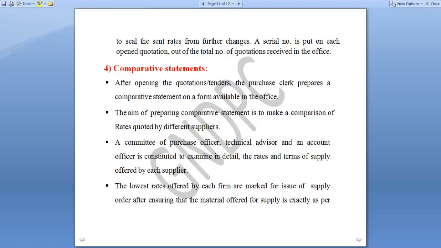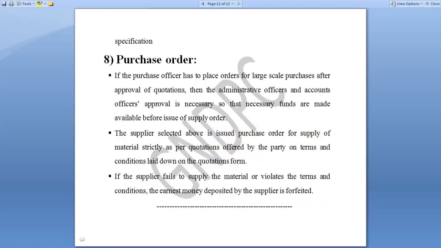Now, a committee of the purchase officer, a technical advisor, and an account officer is constituted to examine each detail, like the rates and terms of supply offered by each of the suppliers. The lowest rate offered by each firm is marked for the issue of supply order, after ensuring the material quality offered for supply is exactly as per the required specification.